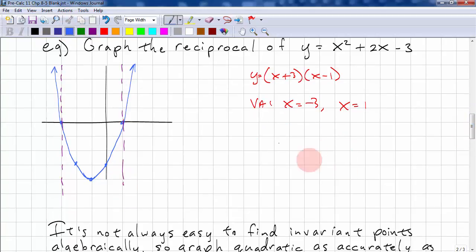Our axis of symmetry is the average of these two. So negative 3 plus 1 over 2. It's negative 2 over 2, so we have negative 1. X equals negative 1.